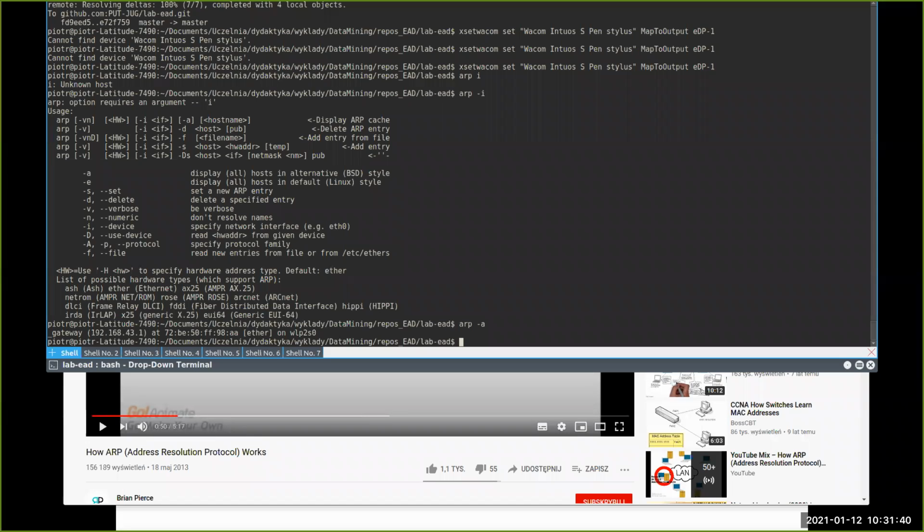It sends a special message, broadcast to all the computers in the network, asking who has the IP, and the IP is published in this message.